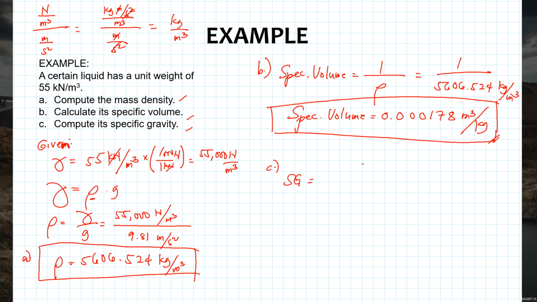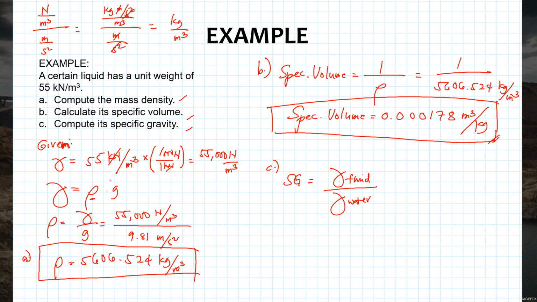Compute its specific gravity, SG. For the specific gravity, we can use the unit weight of the fluid divided by the unit weight of the water. There's no given temperature here, so we will use a unit weight of water of 9.81 kilonewtons per cubic meter.